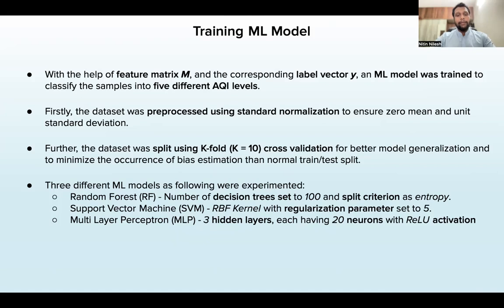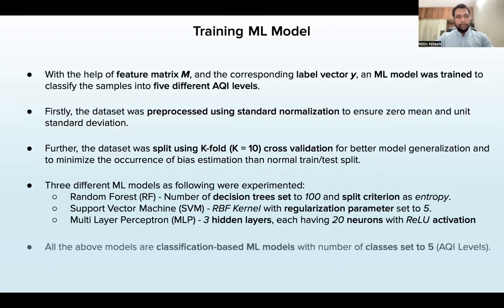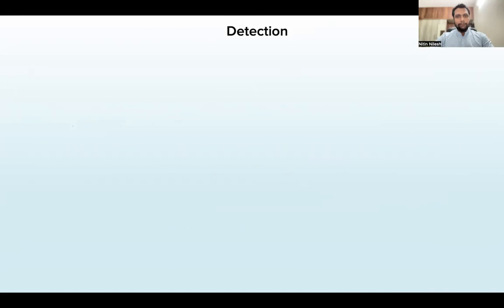And for MLP, we used 3 hidden layers, each having 20 neurons with ReLU activation function. So we tried different parameters, and then we boiled down to these particular numbers. This was performing the best. And all the above models are classification-based supervised learning models, where the number of classes was set to 5, depicting each AQI level.